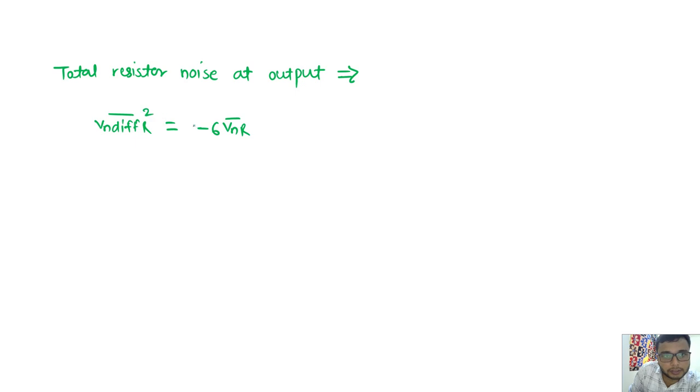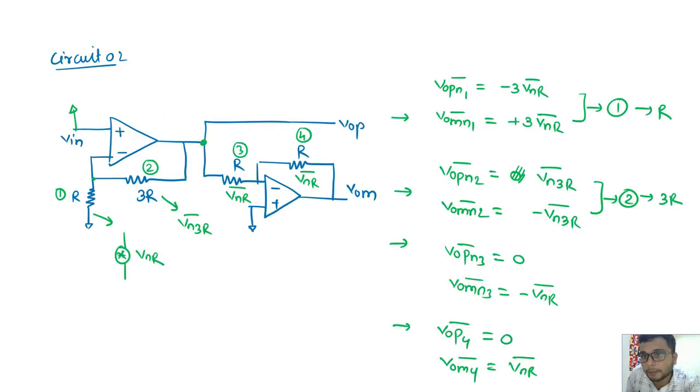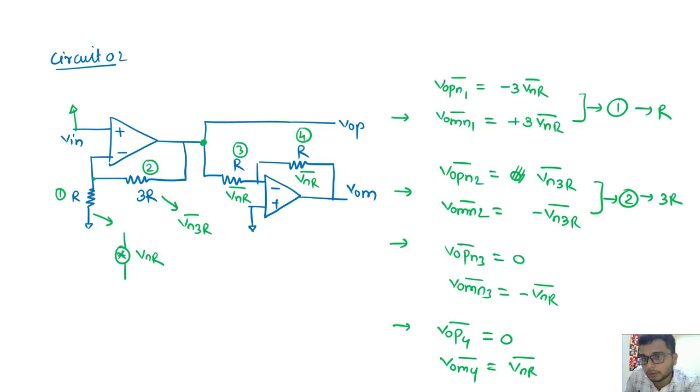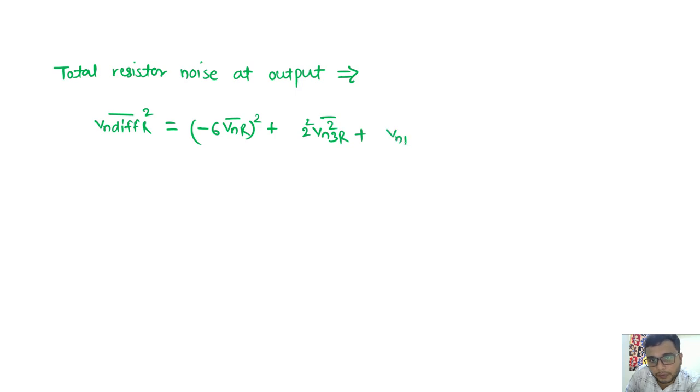If I write it as a square, it will be the whole square, plus 2 Vn of 3R whole square. So this is also a square, plus this is Vn of R square plus Vn of R square.